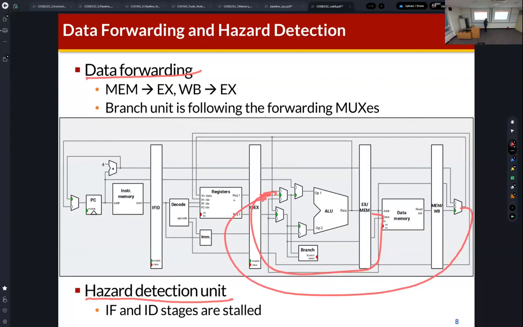Okay, so you need to implement this data forwarding part. And as I mentioned, the data forwarding is a little bit tricky, so it's a somewhat difficult part of the pipeline processor design. Okay. And also the branch unit, as I mentioned, is following the forwarding multiplexers. Okay, so actually this design is a little bit different from the textbook design, but it's simpler.